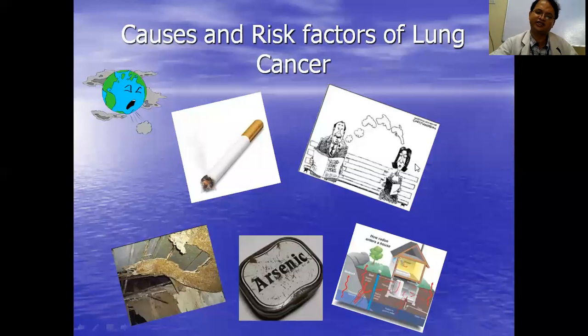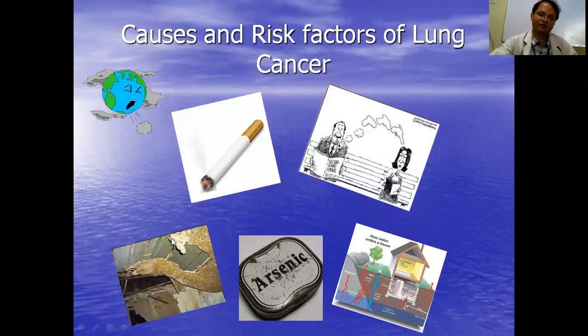This lady is seated adjacent to a person who is puffing out smoke, and the smoke is entering the female's lungs, and this can cause bronchogenic carcinoma if this happens regularly over the long term.